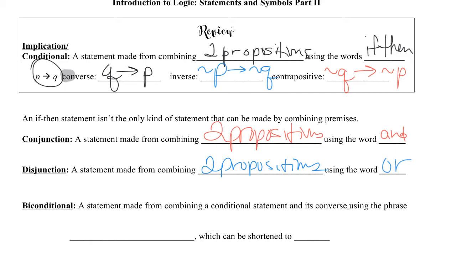A biconditional is a statement made from combining a conditional statement and its converse using the words if and only if. Which can often be shortened to IFF, if and only if.